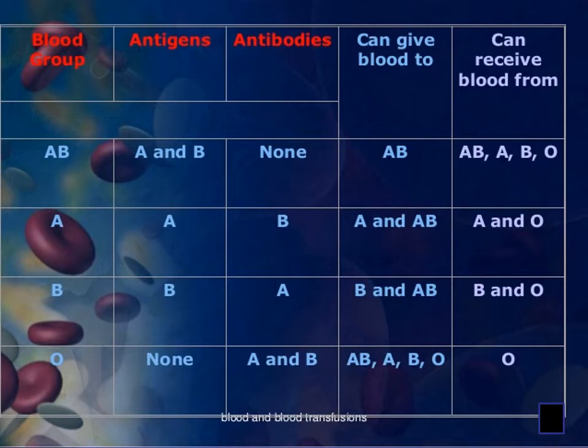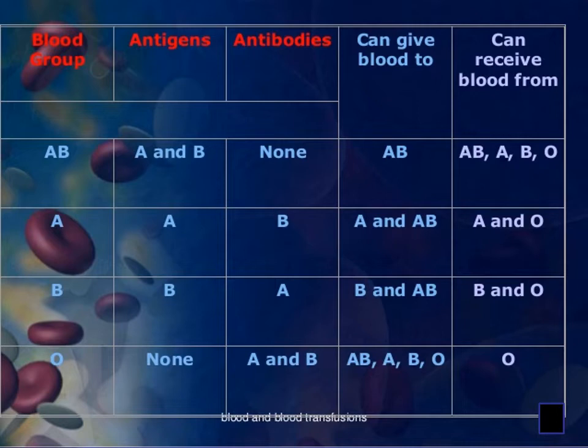So when we look at the ABO and rhesus blood group systems, under the ABO system we have 4 main blood groups, which are AB, A, B and O. Blood group AB has antigens of both A and B and no antibodies.